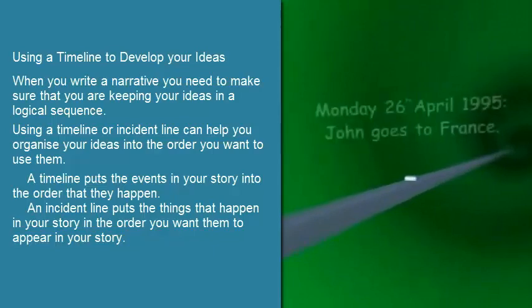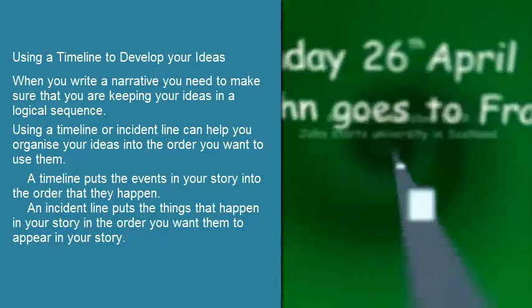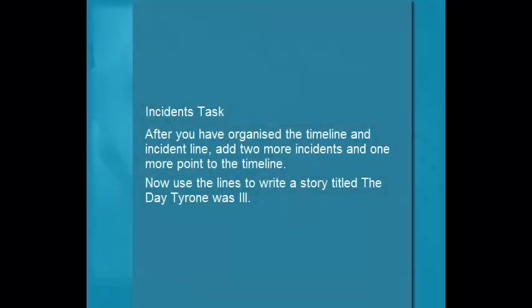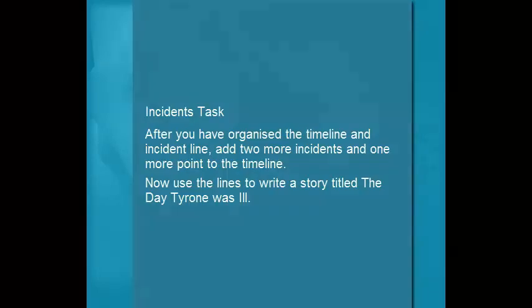An incident line puts the things that happen in your story in the order you want them to appear in your story. Incidents task. After you have organized the timeline and incident line, add 2 more incidents and 1 more point to the timeline. Now use the lines to write a story titled, "The Day Tyrone Was Ill."